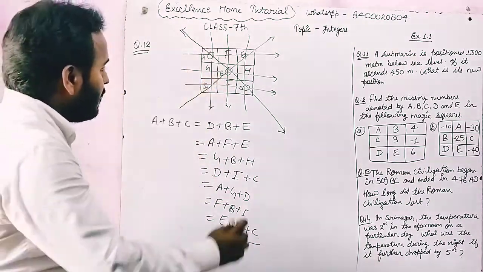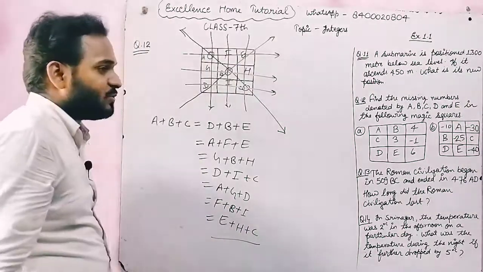Then we call this square a magic square.